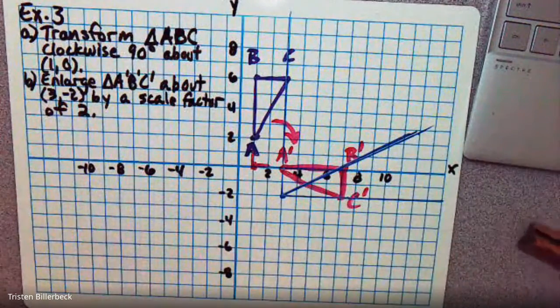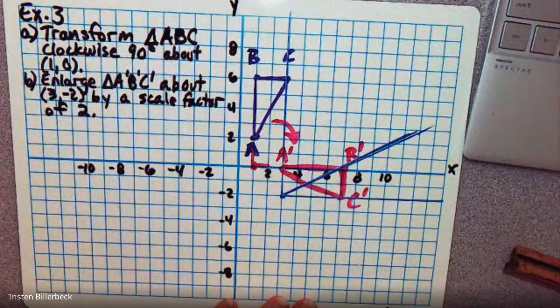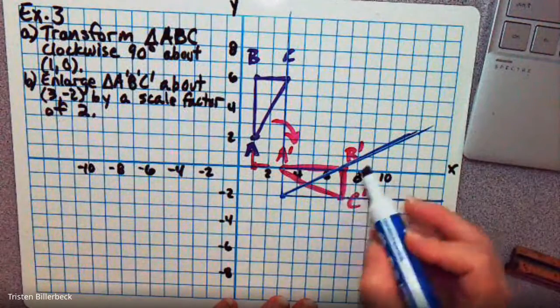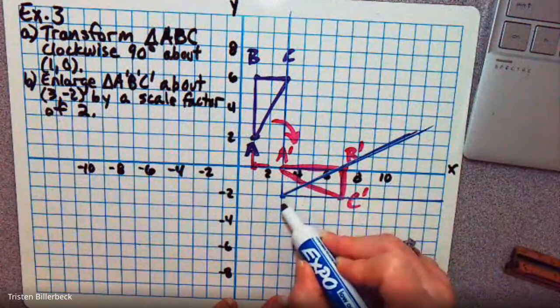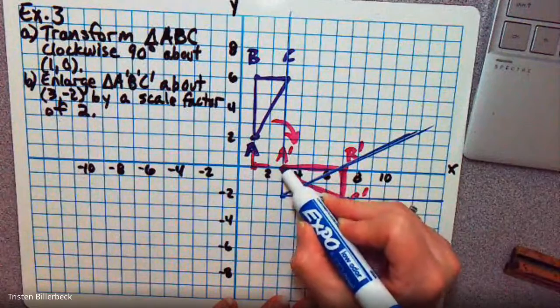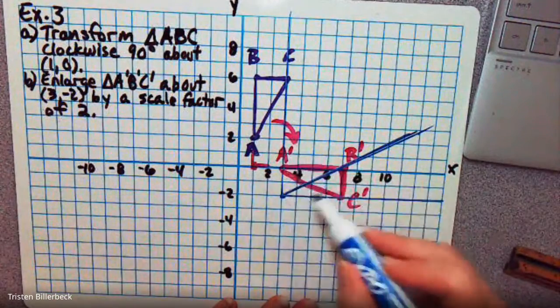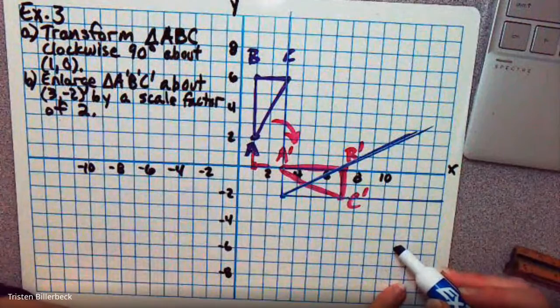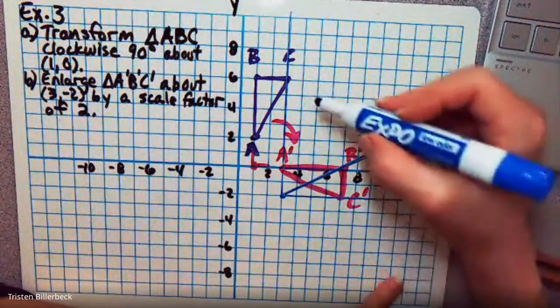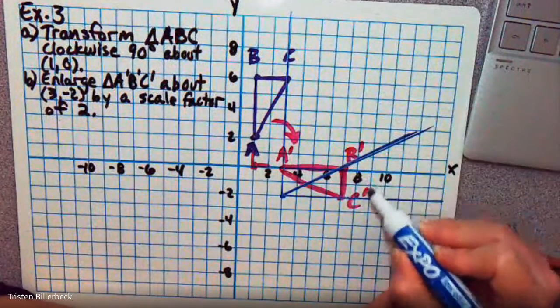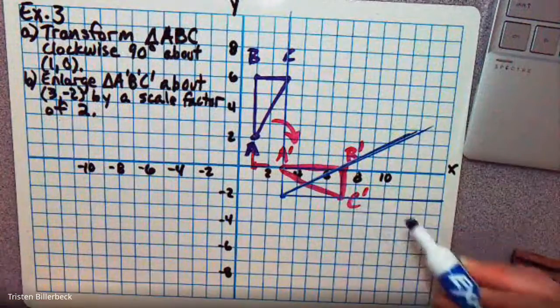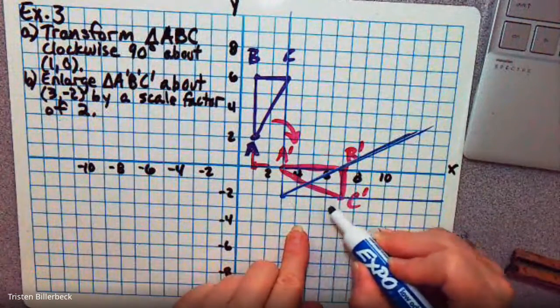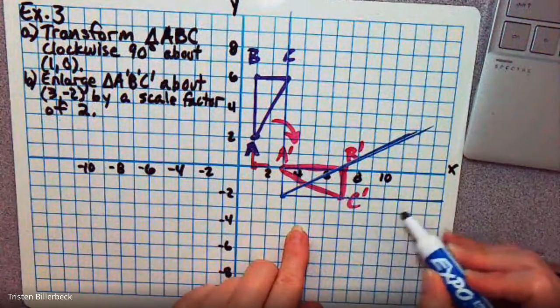If we're enlarging by a scale factor of 2, then we're going to be on the same line as the center, so this is going to double here. If we count 1, 2, 3, 4, we count 1, 2, 3, 4.